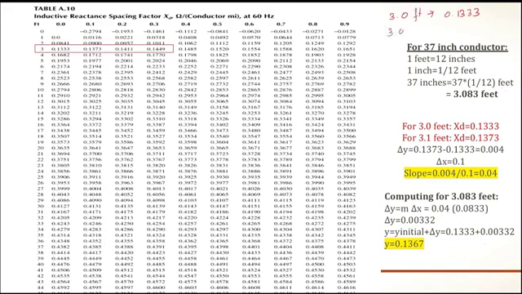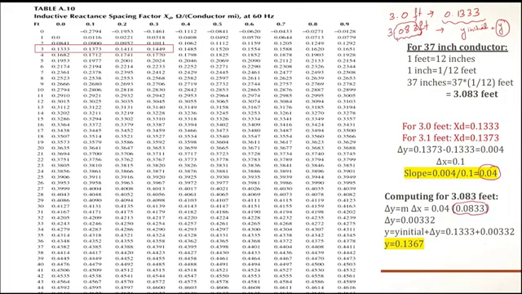In order to compute for 3.083 feet, we are going to take this y initial, that is for 3.0 feet, and for the remaining 0.083 feet, we are going to add the unknown y. So it means we are going to determine the y for 0.083 feet, and we have already computed the slope.